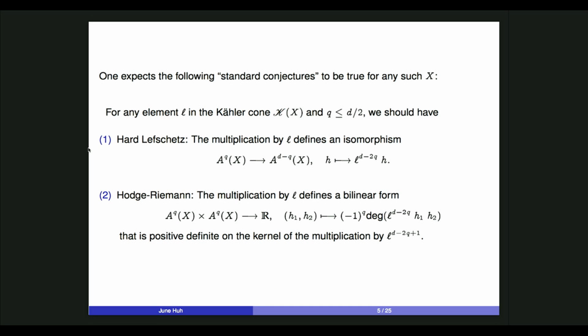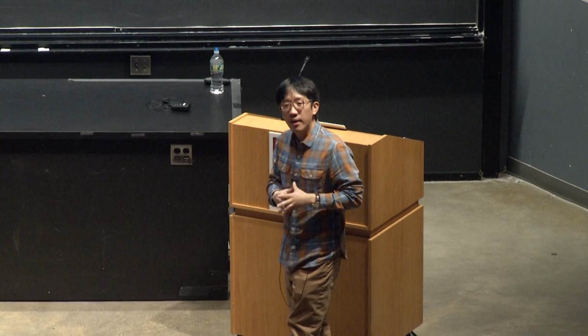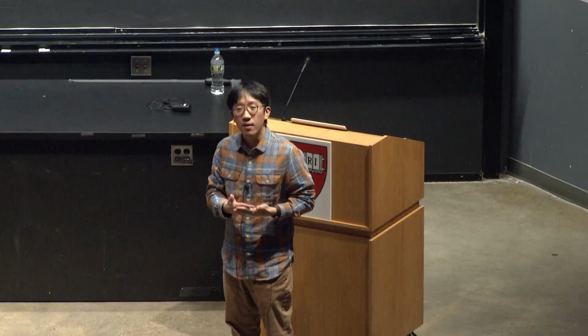And the second is the Hodge-Riemann relation. This is the subtle property, probably the deepest among the Poincare duality, Hard-Lefschetz and Hodge-Riemann package, which predicts that the Poincare duality pairing and the Lefschetz isomorphism predicted by the Hard-Lefschetz are intertwined in a very particular way.